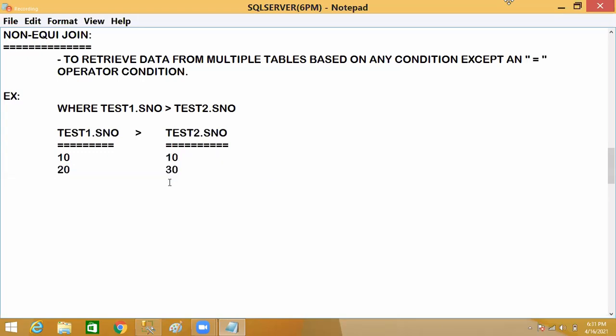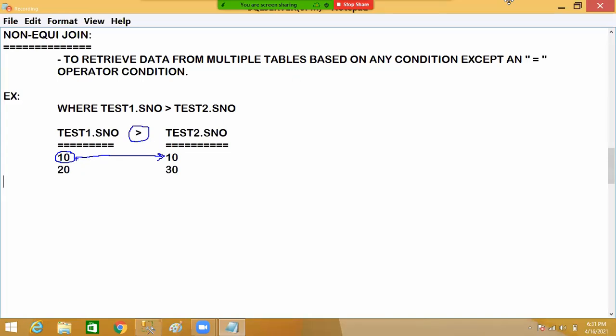Let's see here. 10 was there, so the first row 10 is compared with 10. The symbol is greater than. 10 greater than 10, is the condition true or false? Yes, the condition is false.